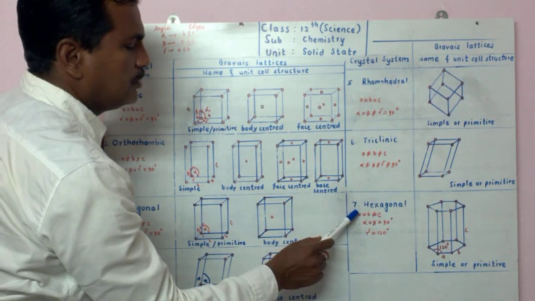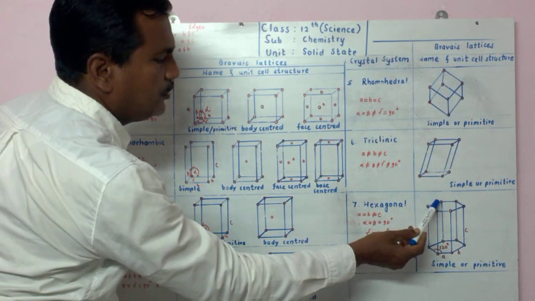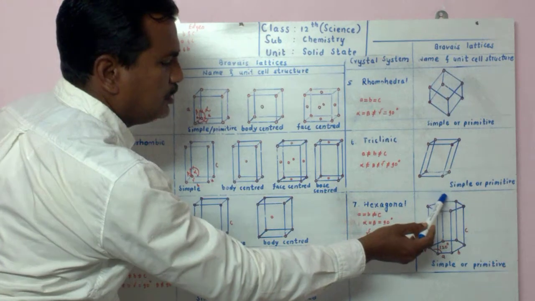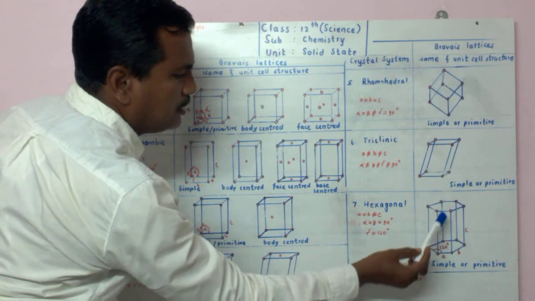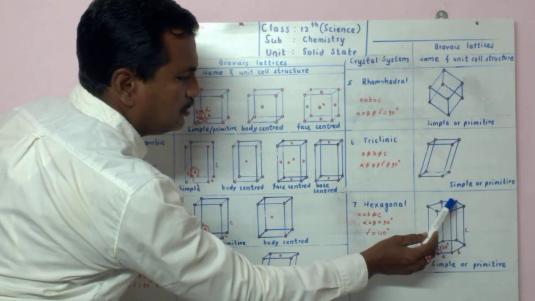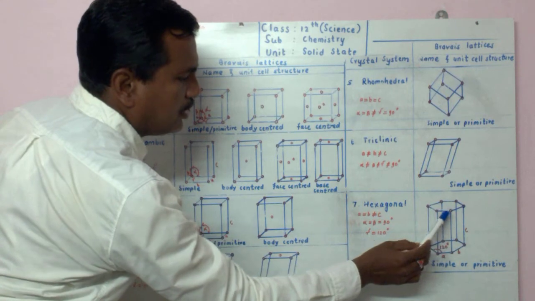Then the seventh type, hexagonal. Here a is equal to b is not equal to c. c is of different length, and the sides of the hexagon are equal.